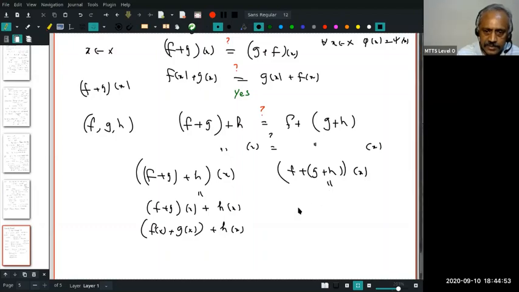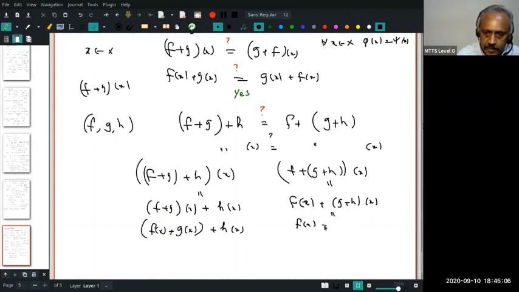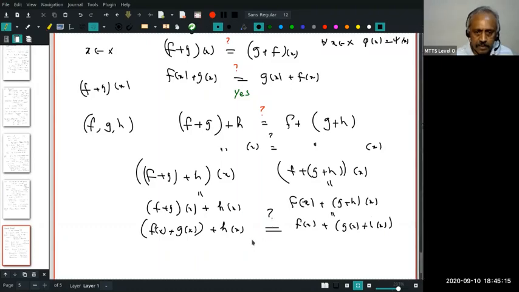So I have to look at f plus (g plus h), and this at x. What is this by definition? This is f at x plus (g plus h) at x. You understand? But this is f at x plus g at x plus h at x. What is it that I am asking? Whether they are equal. Now are they equal?